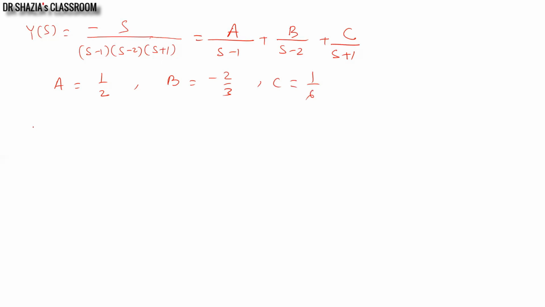So Y of s will be written as half times 1 by s minus 1, minus 2 by 3 times 1 by s minus 2, plus 1 by 6 times 1 by s plus 1, and the inverse Laplace transform of Y of s will be written as y of t.